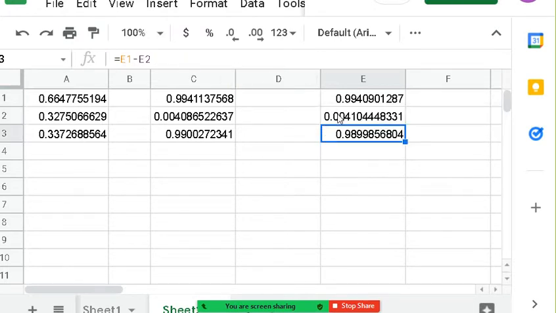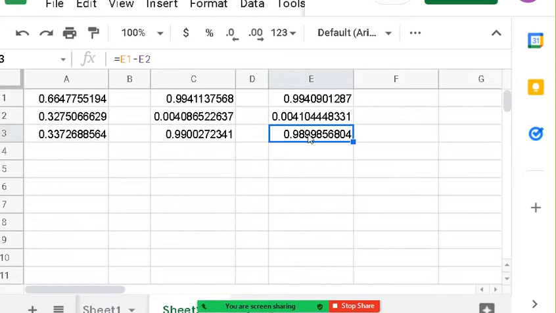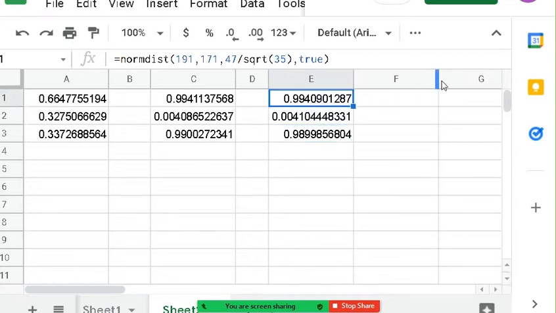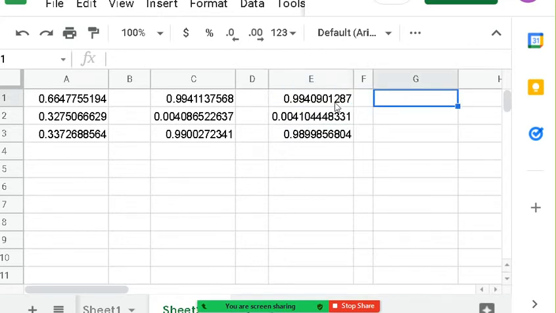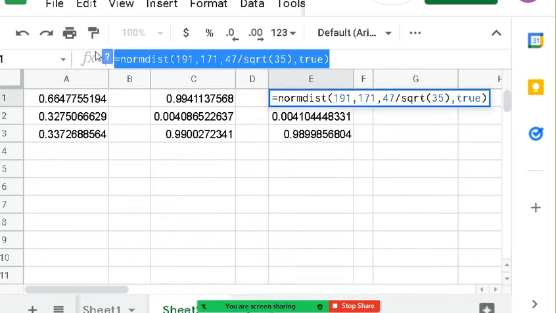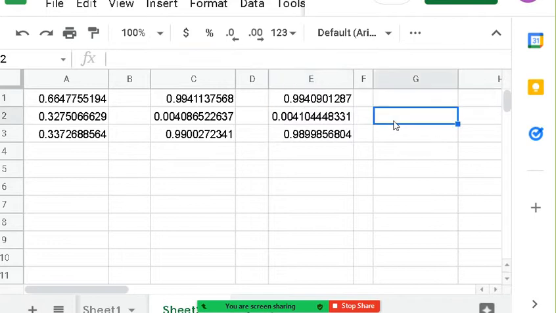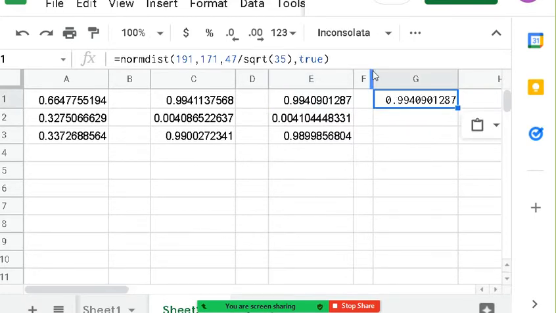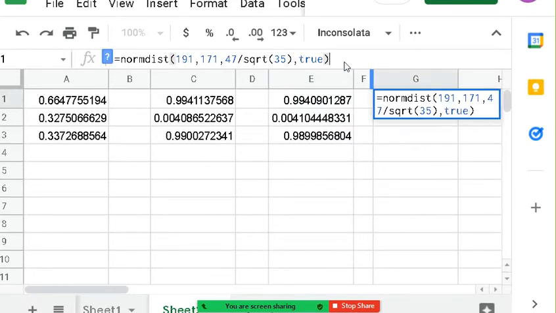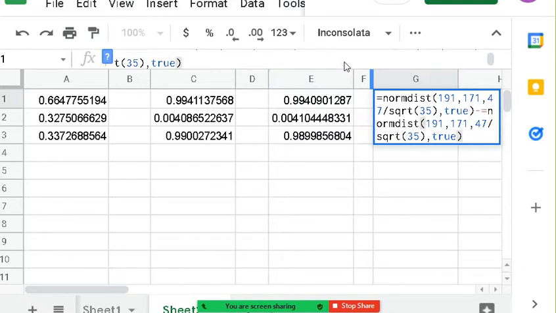There, the difference. You don't have to do this in 2 steps. If you wanted to do this all in 1 step, you could. To do this all in 1 step, let me show you how you could do that. You could do, I'm just going to cheat a little bit and copy this first one down to get me going. This minus norm distribution of all that stuff, except change the lower limit.